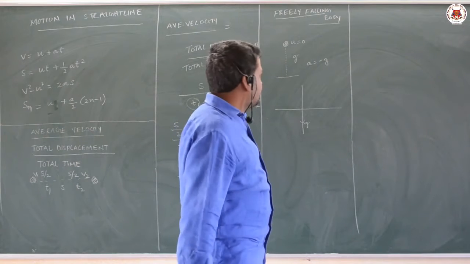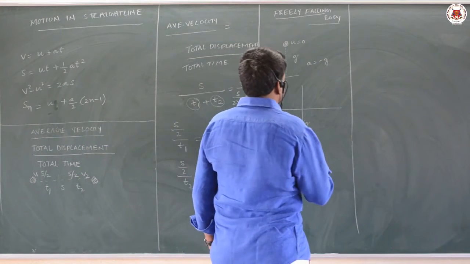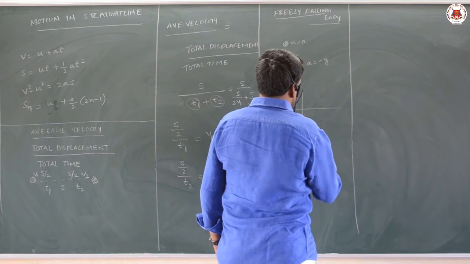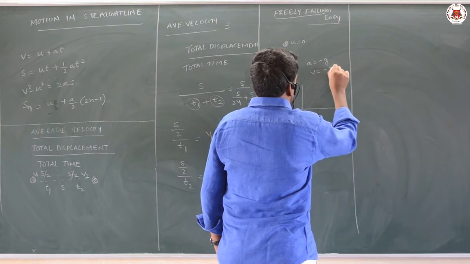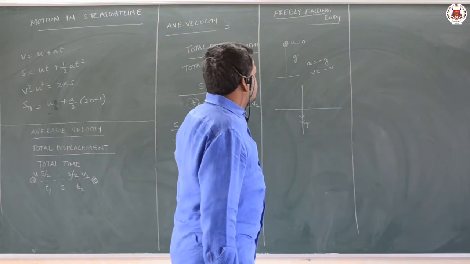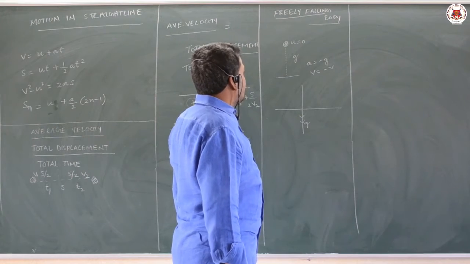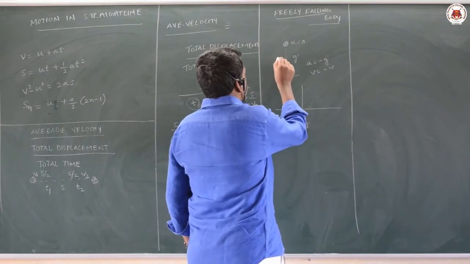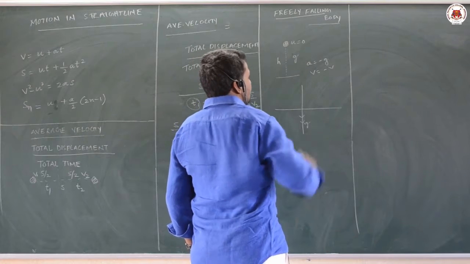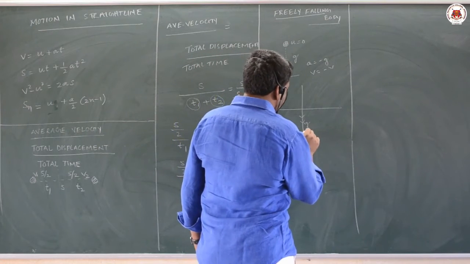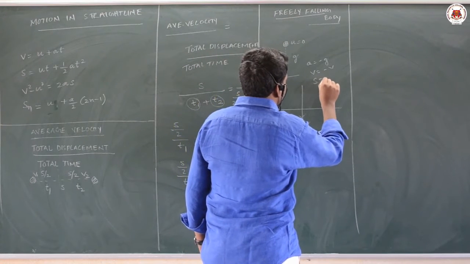Next, velocity is pointing down, so final velocity I will take as minus v. At the same time, suppose it is coming from a height h, displacement is decreasing, height is decreasing, it is coming down, therefore displacement I will take as minus h.